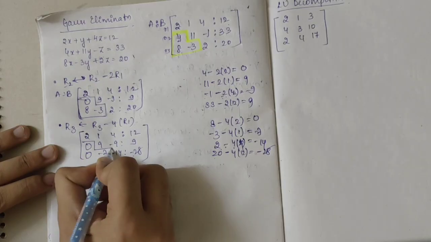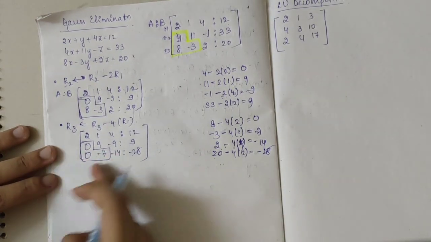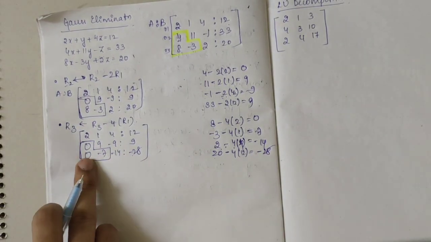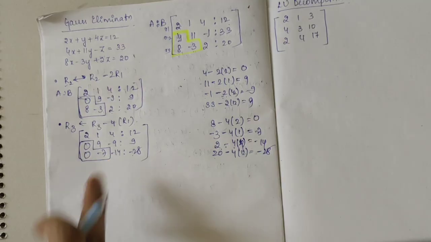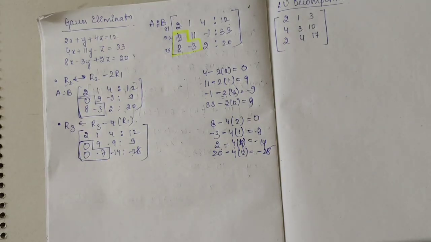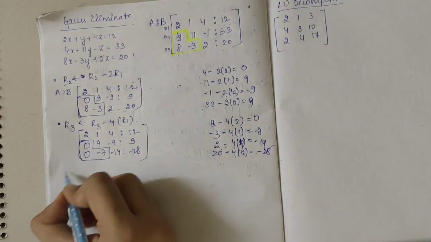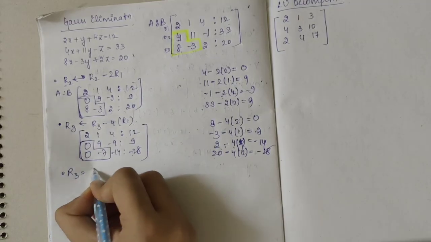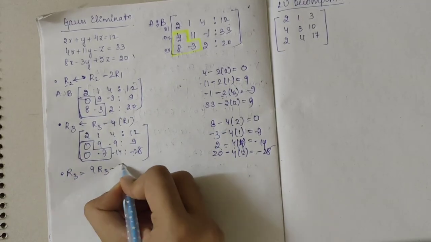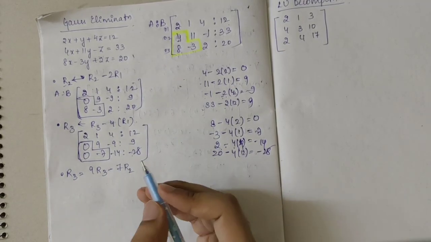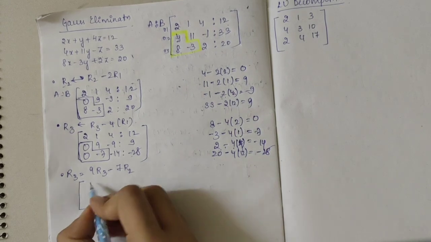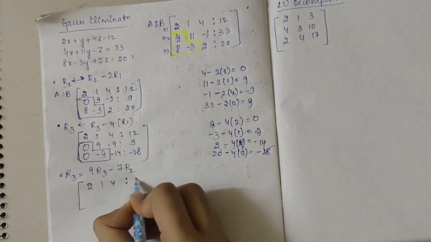So my aim was to get these particular values as 0. 0, 0 is obtained. Now here minus 7, I need to convert it to 0. So for this, I'll write R3 as 9 times R3 minus 7 times R2. So if I write the matrix, I'll get 2, 1, 4 and 12 as it is.